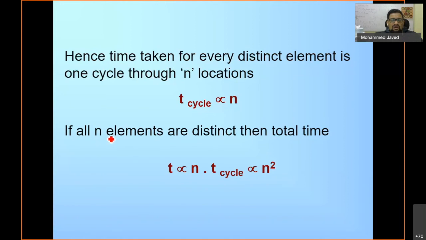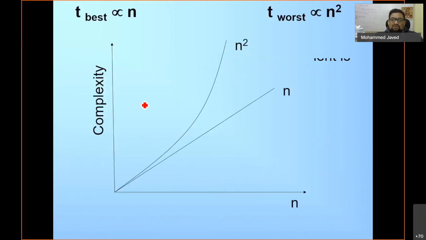If all n elements are distinct, then the total time is proportional to n times t cycle, which is proportional to n square. So approximately you have to do n square passes in order to find the worst case.